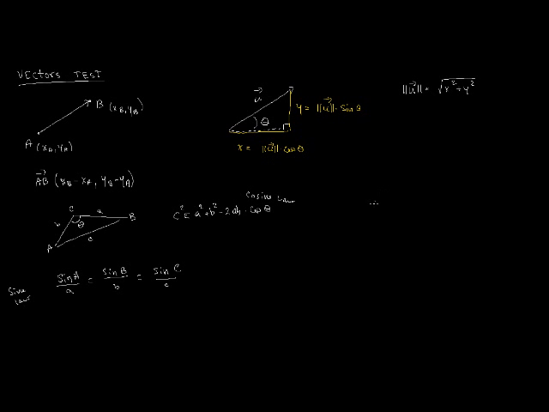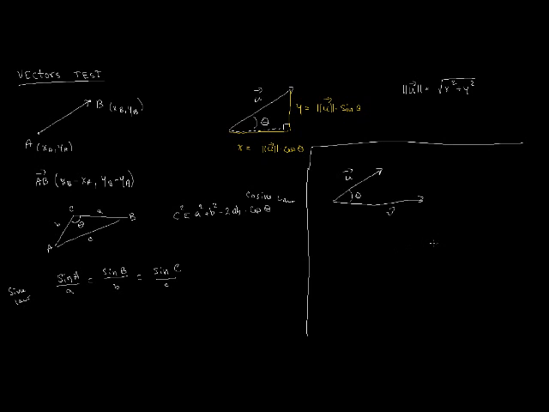Another thing you should know is how to calculate the scalar product. So let's make a little box here for the scalar product. Suppose you're given two vectors, u and vector v, and the angle between them, theta. Then there are two ways to calculate the scalar product.